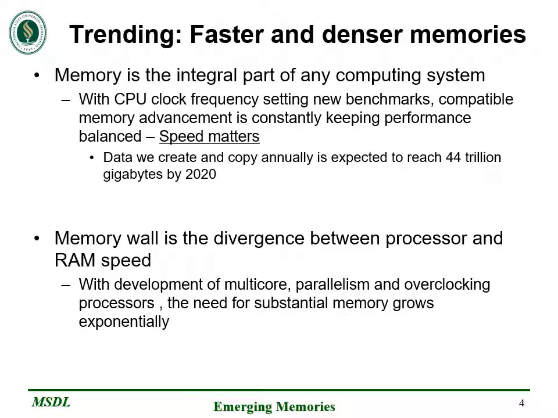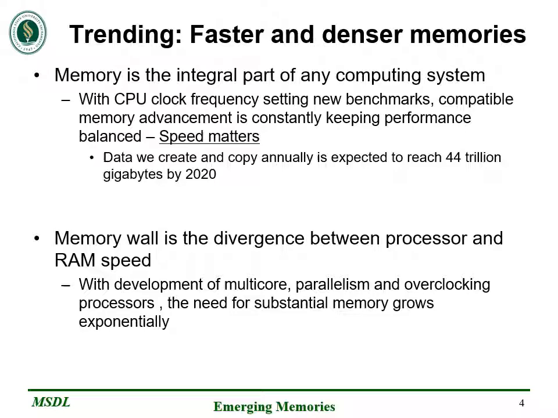With the development of multi-core, parallelism, and overclocked processors, the need for substantial memory grows exponentially. It is expected that by 2020, we would be looking at 44 trillion gigabytes of memory, basically consisting of the data we create and copy annually.